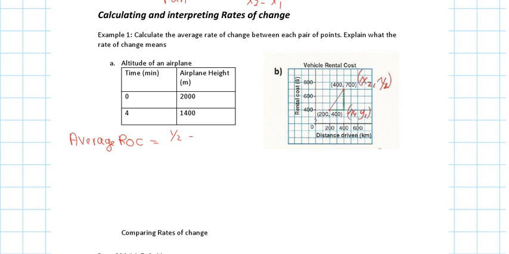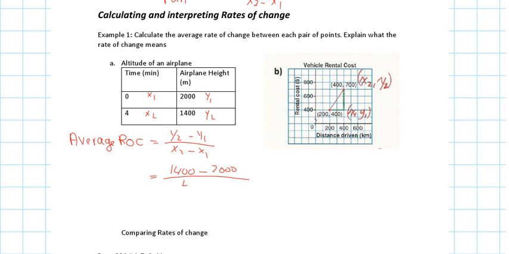So remember, these are my x's, and these are my y's. So y2 is 1,400, y1 is 2,000, over x2 is 4, and then x1 is 0.